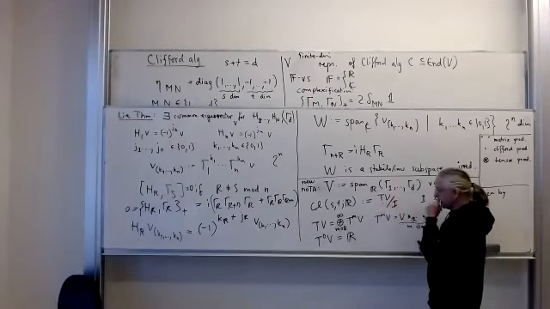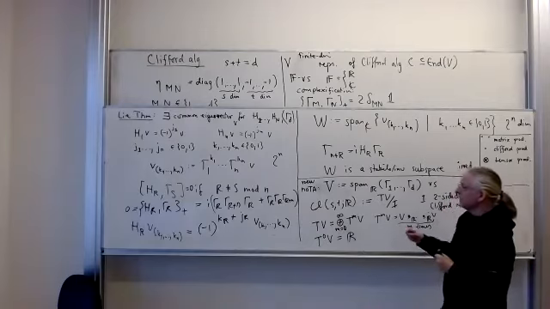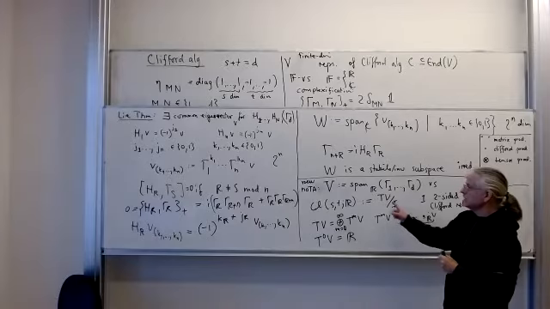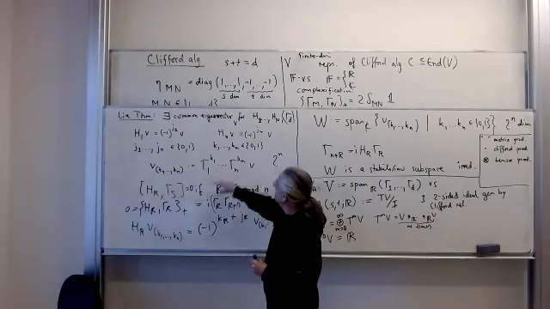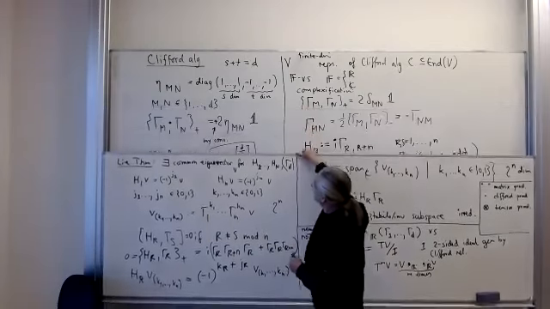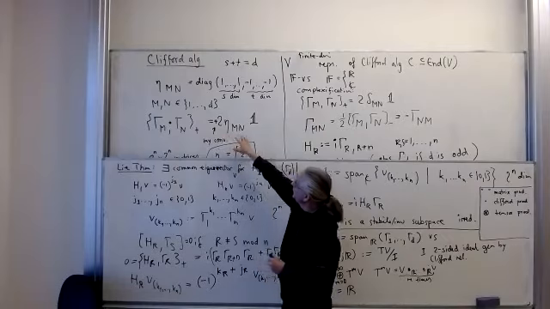Every time you have a symmetric combination you can reduce it with the Clifford relations, which I have here. But the antisymmetric you cannot reduce with the Clifford relation.